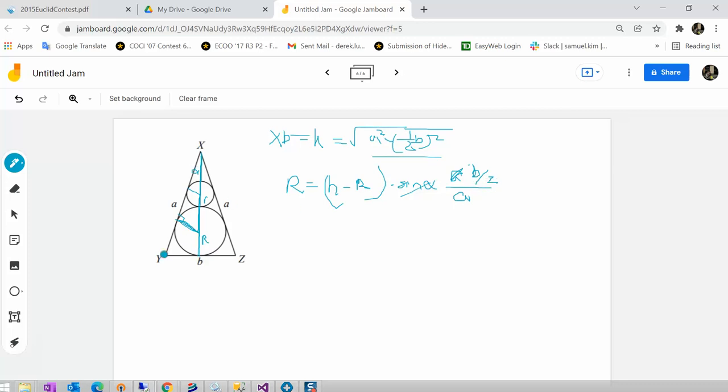The sine is h divided by r, right? So now we can find h equal to what? R equal to what? So put 2b here.